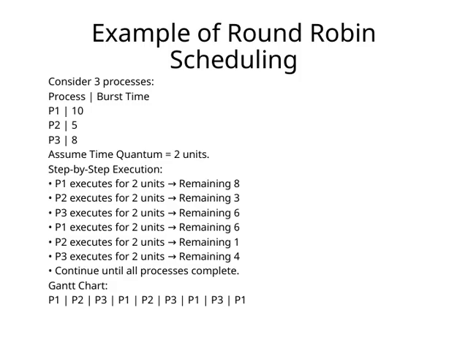This approach ensures fair CPU time distribution among processes, especially in a time-sharing environment. The Gantt chart visually shows the sequence in which processes are scheduled: P1, P2, P3, then back to P1, P2, P3, and so on until all processes finish. This example highlights how round-robin scheduling operates in practice, emphasizing its fairness and responsiveness.